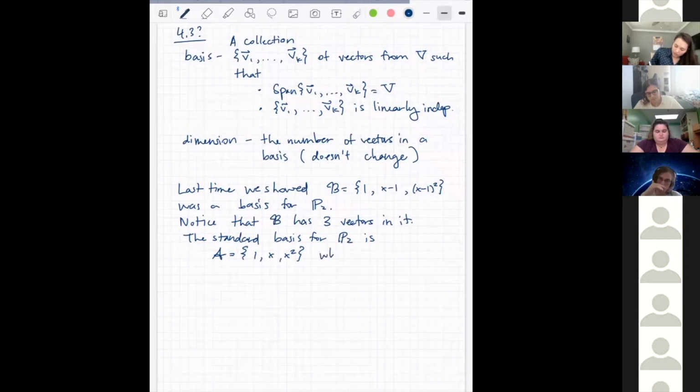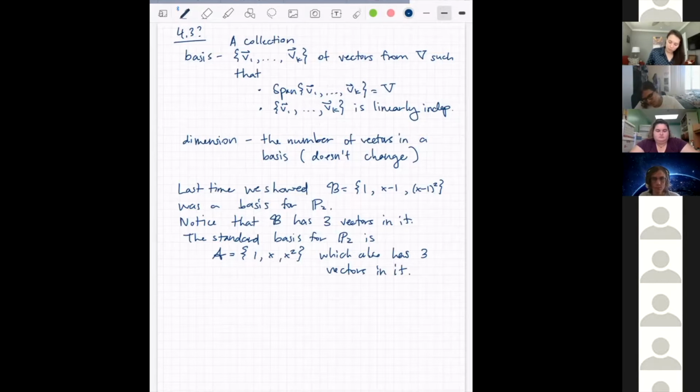This also has 3 vectors in it. So we can see it should always be 3 vectors for any basis of P2. That has to stay the same.